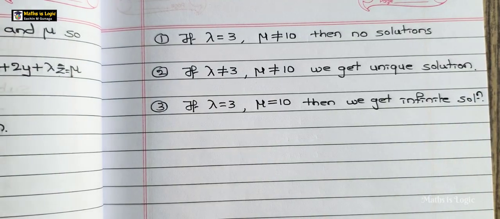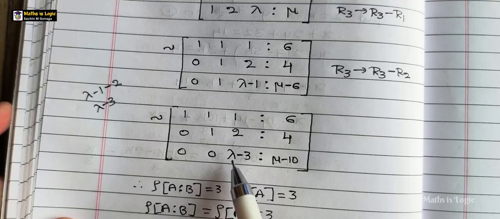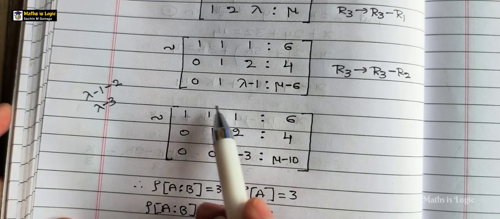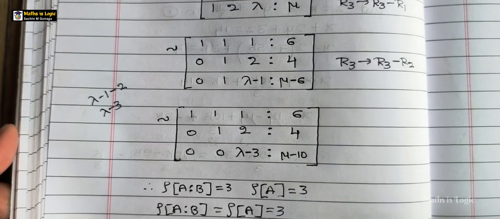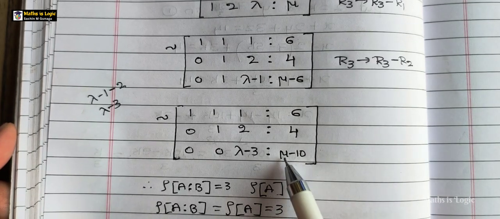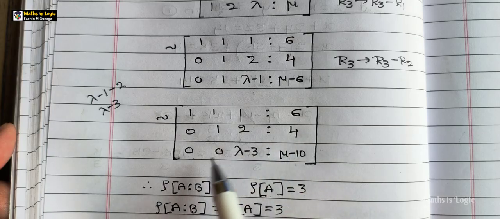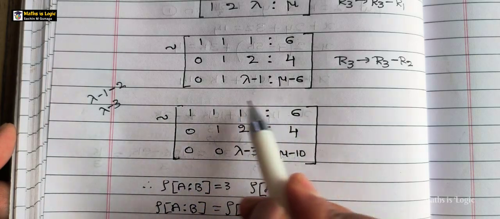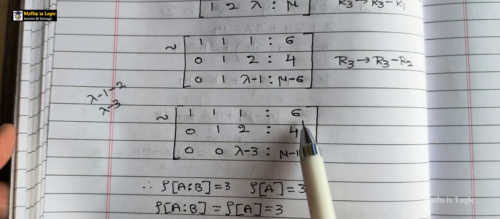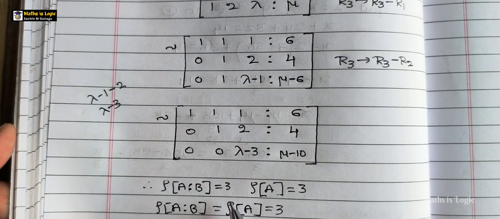See here, if we take lambda equal to 3, 3 minus 3 becomes 0, so rank of the coefficient matrix becomes 2. Similarly, if mu value is 10, then 10 minus 10 is 0, so this entire row becomes 0, and rank of the augmented matrix also becomes 2.